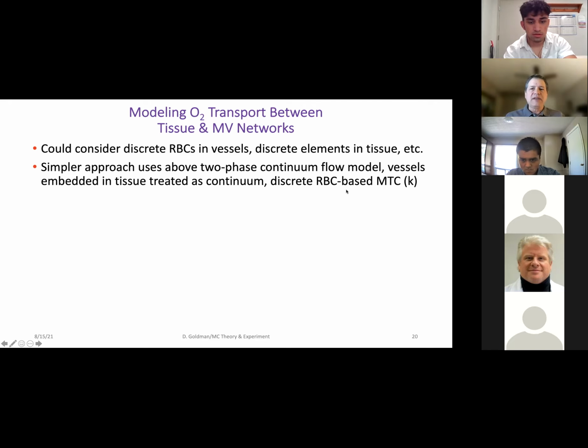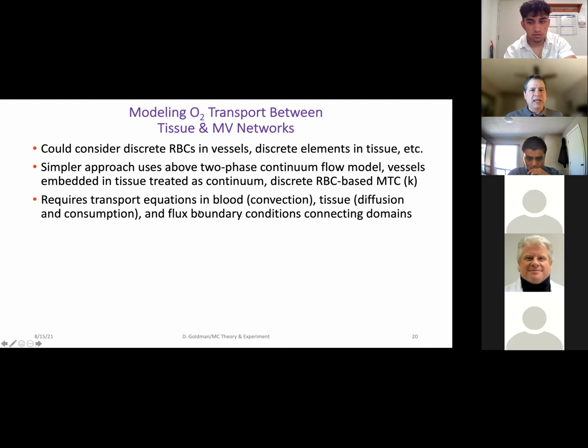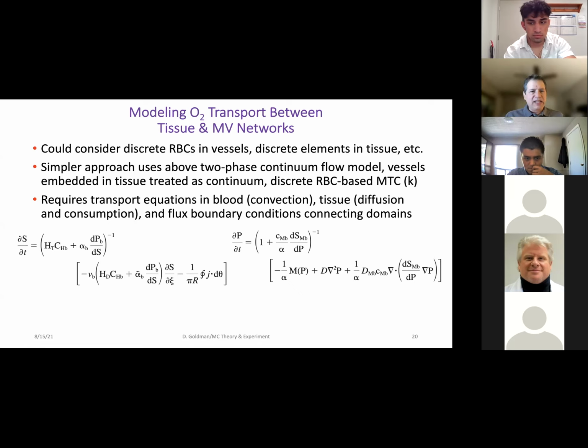And so to take care of that, we put in this mass transfer coefficient that I'll describe. And so you'll see these be convection equations and diffusion equations. And in the blood, it's mostly convection. In the tissue, it's diffusion and consumption. And then we sort of have two domains, two continuum domains that we connect by the boundary conditions. And so here are some of these nice equations that Sanjay gave a preview of.